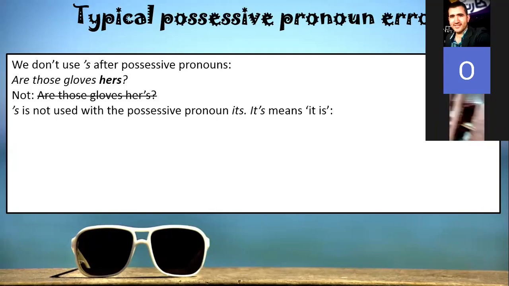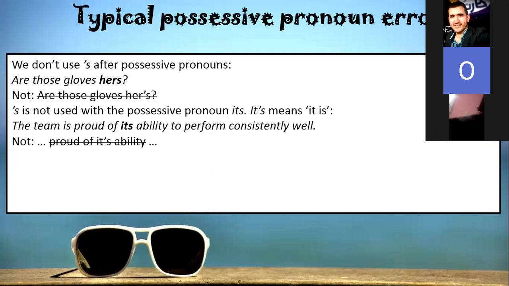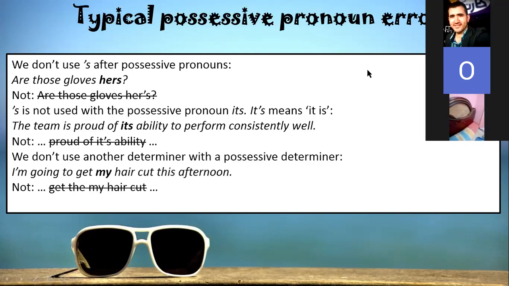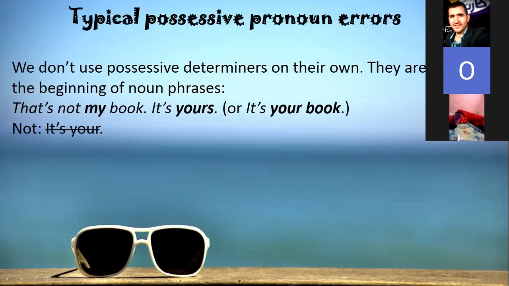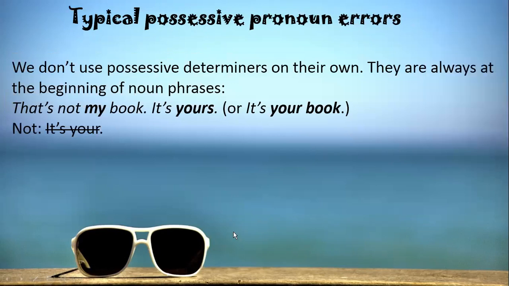Remember that. The team is proud of its ability to perform consistently well. Its ability here, it's a determiner, because it's followed by a noun. All right. We don't use possessive determiners on their own because I told you you must use a noun after possessive determiners. They are always at the beginning of a noun phrase. That's not my book. It's yours.